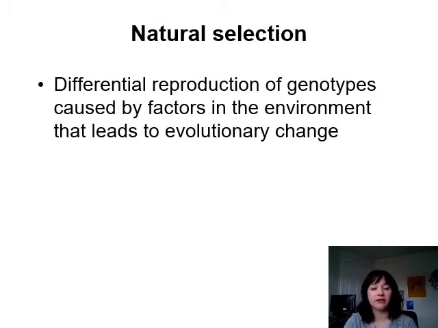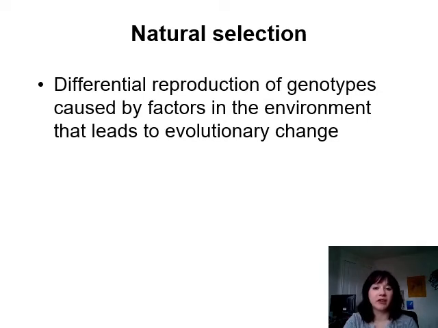So again, natural selection: differential reproduction of genotypes caused by factors in the environment that lead to evolutionary change. So let's break this down a bit, right? Differential reproduction of genotypes. You've got a variety of genotypes, a variety of genes, different characteristics that that population has, right?